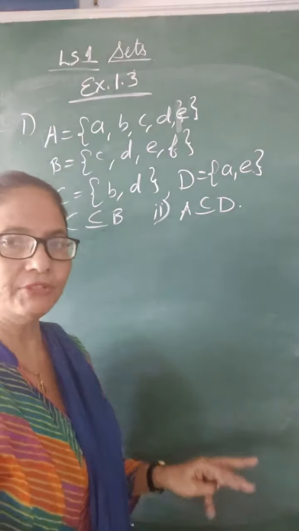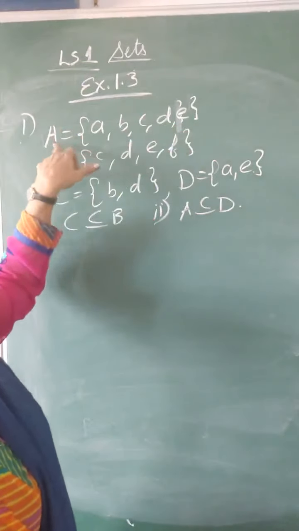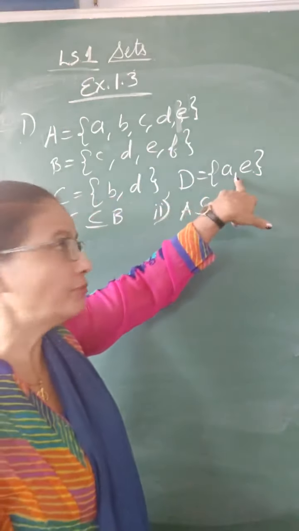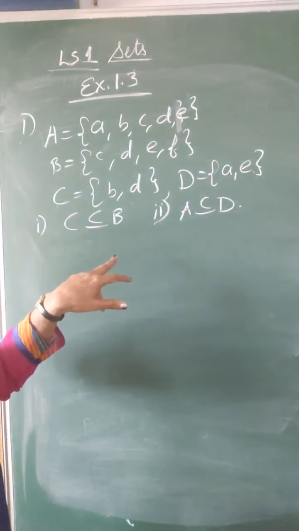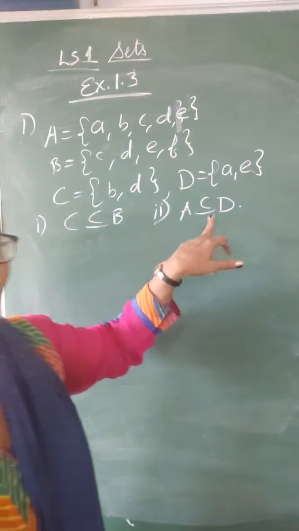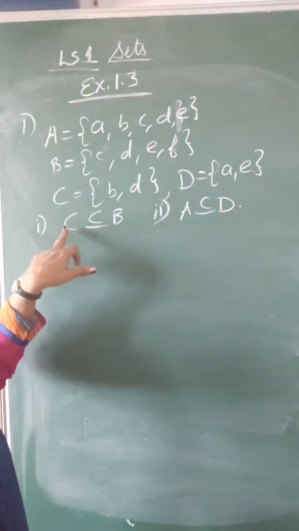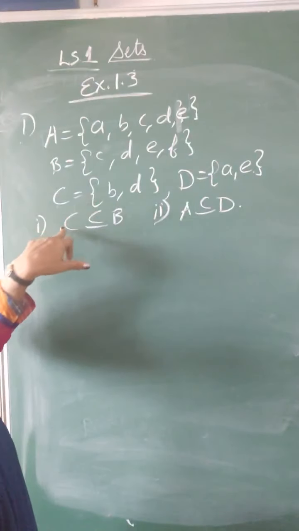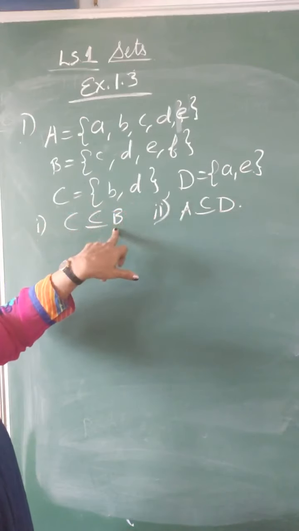Now see, I have written that example on the blackboard. A, B, C, D, E are the elements of A, these are the elements of B, these are the elements of C, and these are the elements of D. Now you have to write whether these given statements are true or false. In the first it is written that C is a subset of B. Now see the elements of set C: B, D. And what are the elements of B?